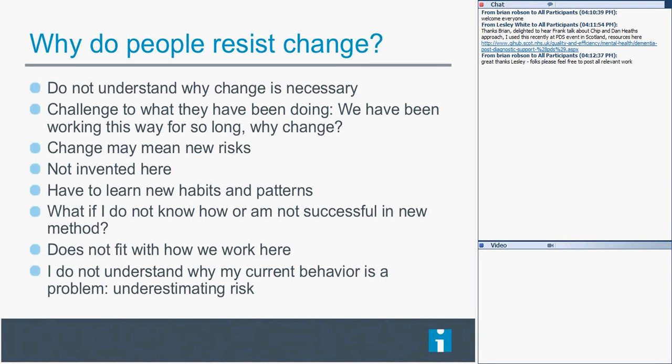That is, that work just doesn't fit how we do our work here. Our patients are special. I came from a pediatric setting where I worked in the Boston area, and we were the premier pediatric hospital in the Boston area. Whenever we met with the other hospital leaders, we always said, well, we're different, we're pediatrics.